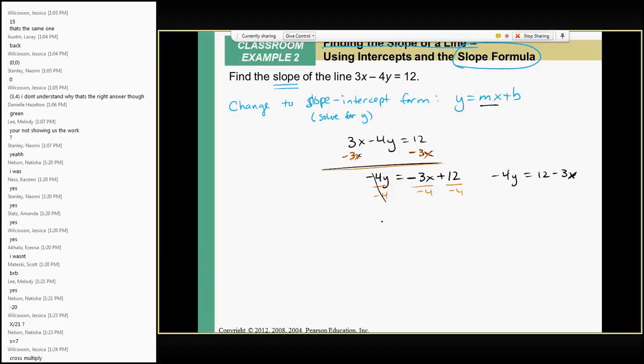So these will cancel. You're left with y is equal to, what's negative divided by negative? Positive. And a positive divided by negative is negative. So this equation is really the same equation as that, but why do I like it in the slope-intercept form?